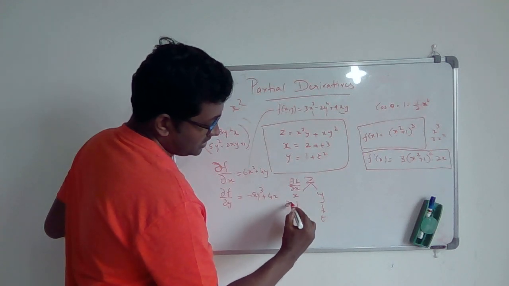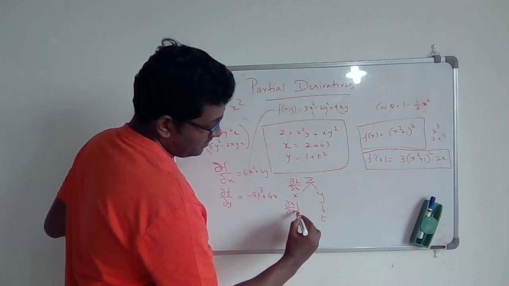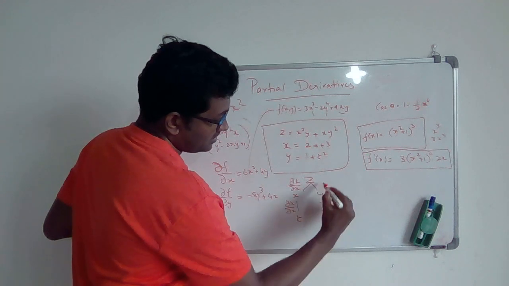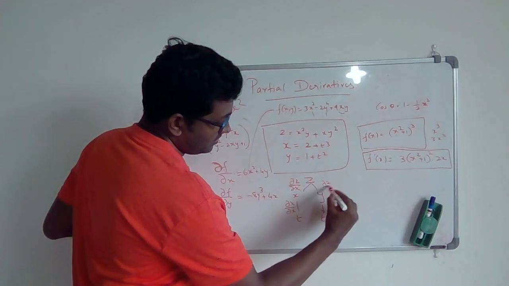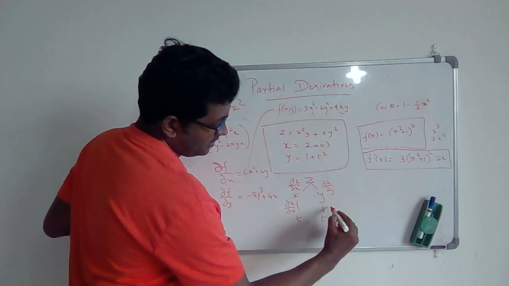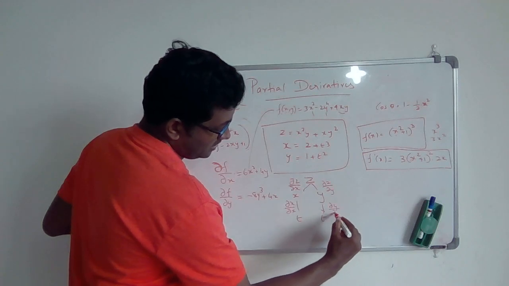Then x depends on t, so this becomes delta x by delta t. Similarly, on this side, z depends on y, so delta z by delta y, and y depends on t, so delta y by delta t.